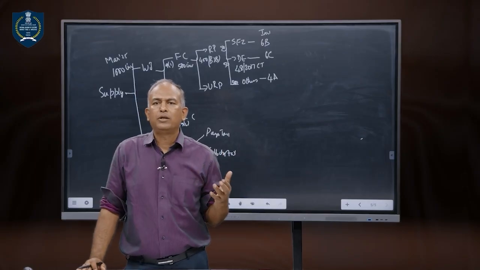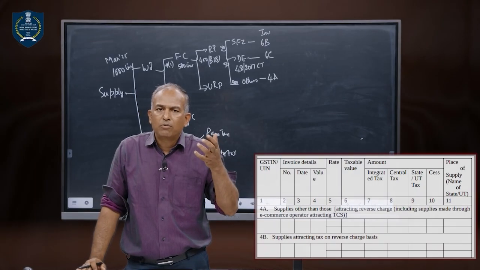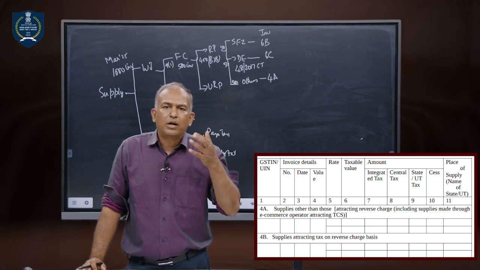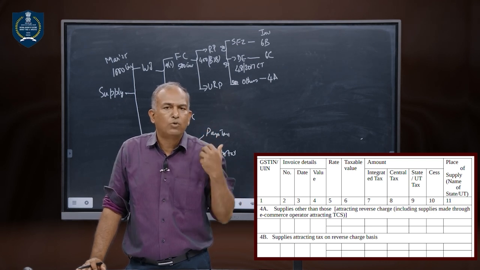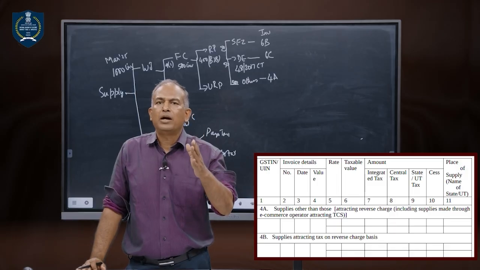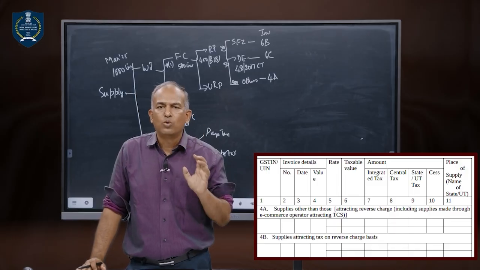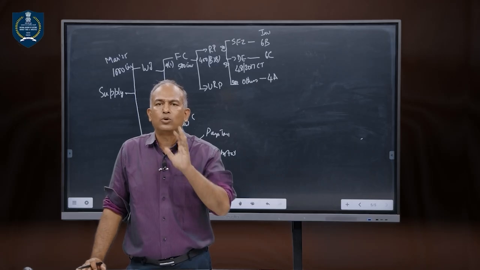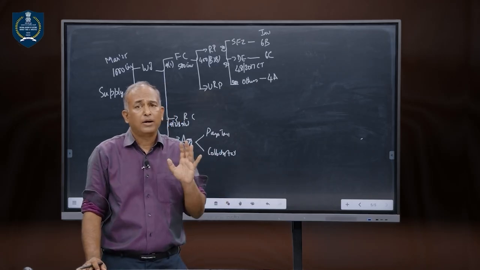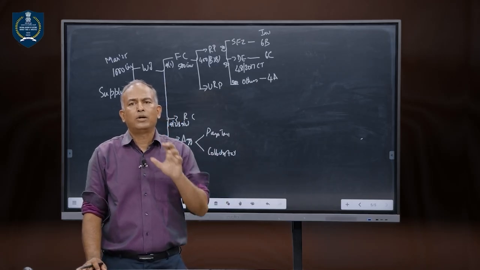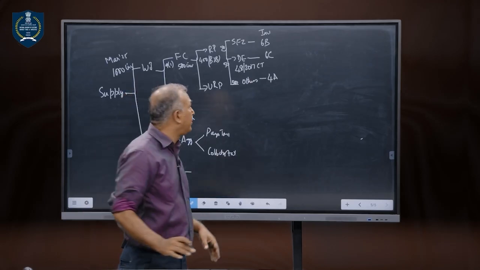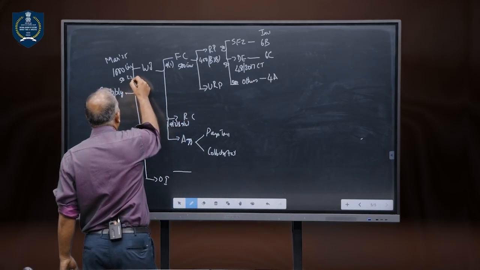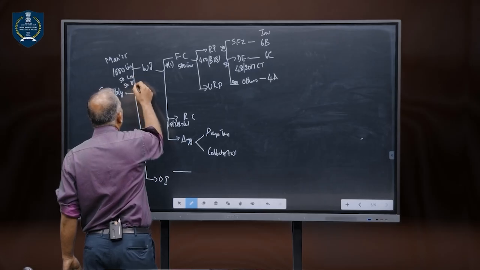Now visualize this particular logic. Go back to whatever I told you about the documents that are there. The first document that comes to your mind is invoices. If the taxable value or the tax shown is more, or the taxable value or the tax shown is less, a credit note or a debit note can be issued. Now in the month of April, let us say 50 credit notes and 50 debit notes have been issued by Rajesh.